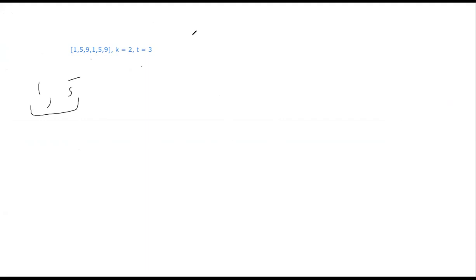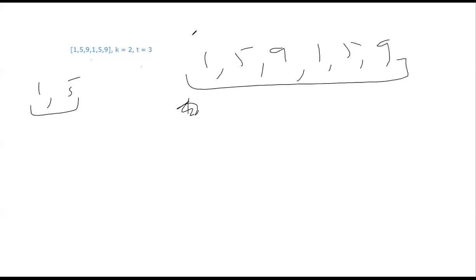We use a for loop to iterate the whole array, with a pointer i to iterate the whole array and another pointer j. You loop over 1, 5, 9 and so on.